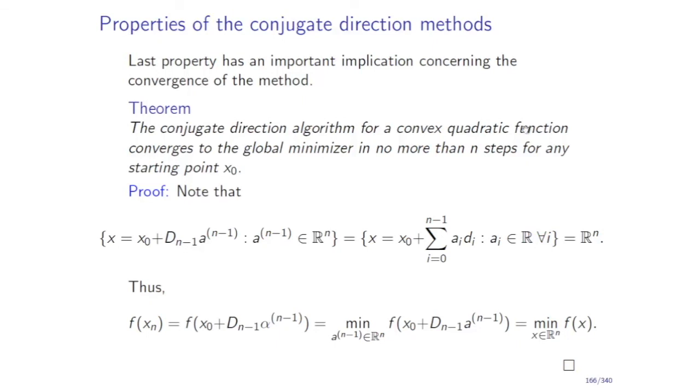Because Q-conjugate directions are linearly independent, and because n linearly independent directions form a basis in the space Rn, after n steps we are essentially optimizing over the whole Rn, so we find the global minimizer in at most n steps.